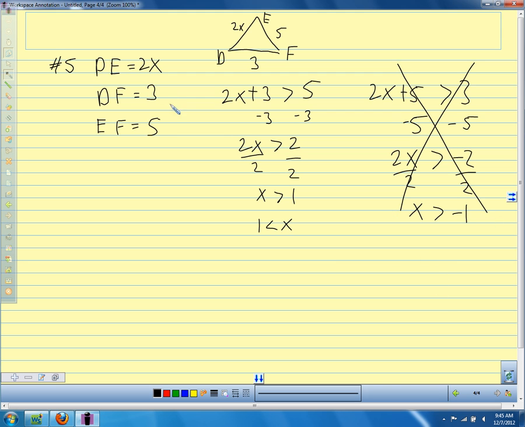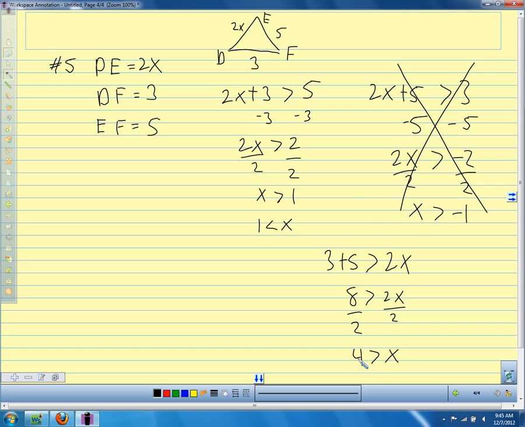So let's use the last combination. 3 plus 5 has to be greater than 2x. 3 plus 5 is 8. That's greater than 2x. Divide by 2. And this tells me that 4 is greater than x.